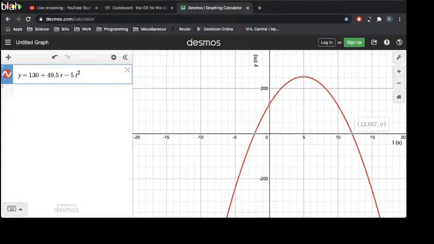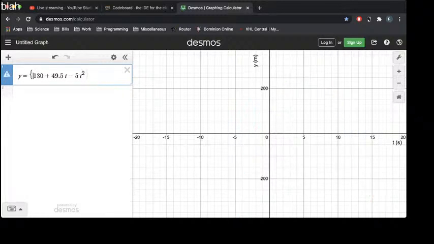But it hits the ground in 12 seconds. So if you have an angled launch off a cliff, the highest point doesn't happen at the midpoint. It happens when the parabola reaches its maximum, which might not be in the middle. Okay? Because really this parabola only exists for times greater than 0. So I should say, time greater than 0, something like this. Okay?